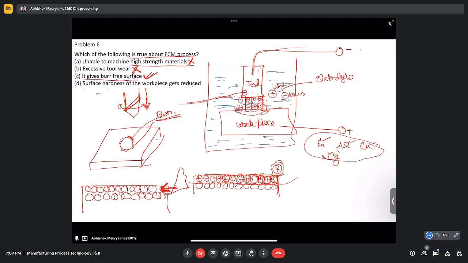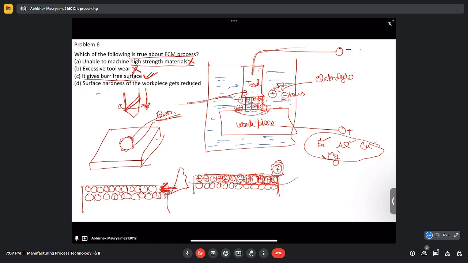And therefore in the conventional machining process, after removing the material we definitely get some hardening, or if we have generated lots of heat, then softening can also take place. So the hardness property of the surface can be changed in conventional machining.